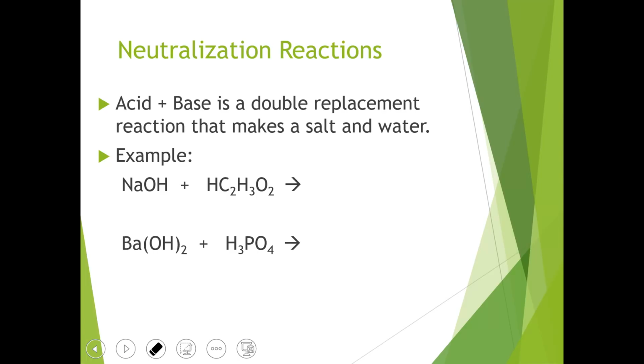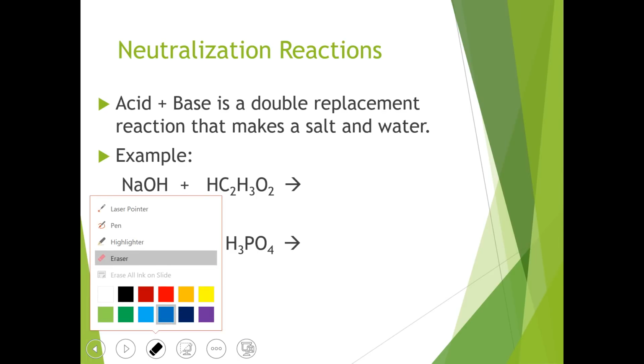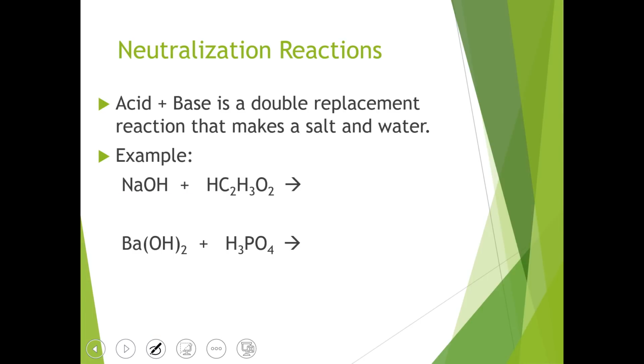And then our last reaction is that of neutralization. If you have an acid and a base, they will do a double replacement to make a salt and to make water. When you have double replacement, you take the positive ion from one and you put it with the negative ion from the other. We've been practicing that a lot this year. And so I would put the sodium with the acetate.